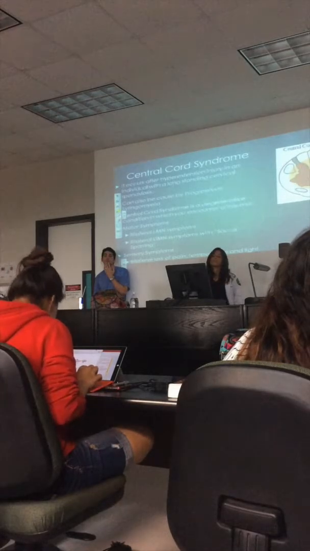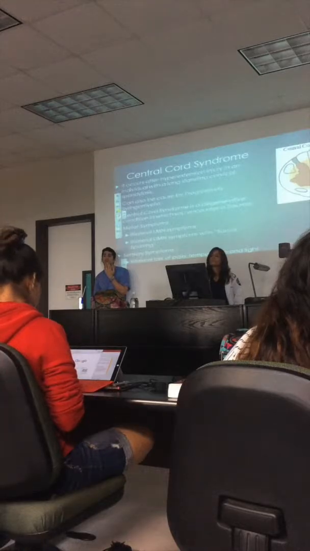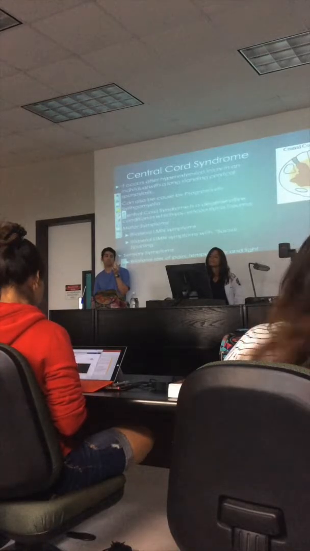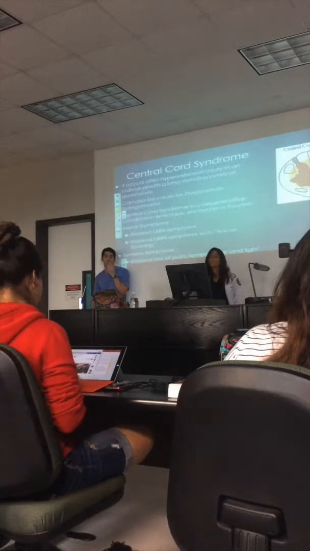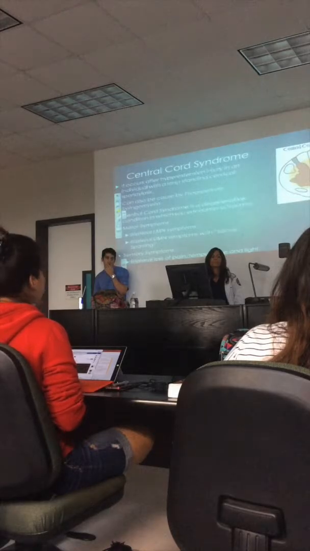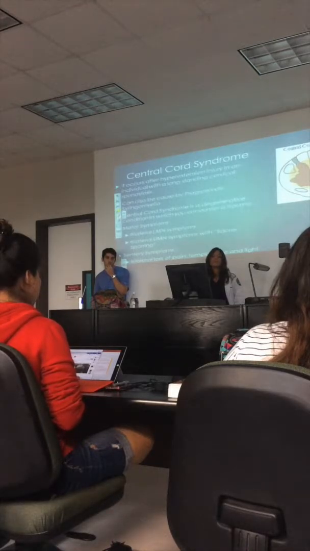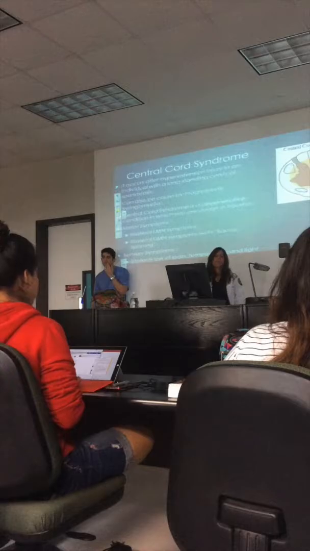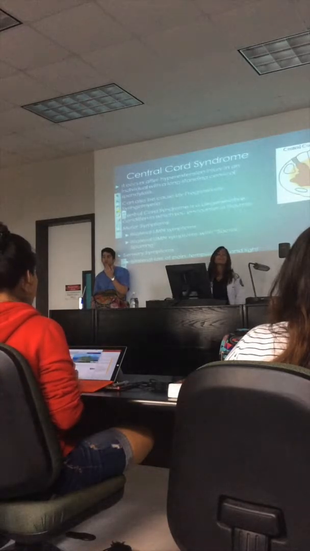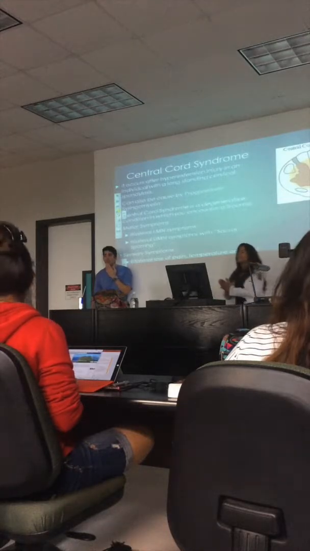The corticospinal tract is completely straight, involving the ventral horn, and when the ventral horn is not involved, you need the lower motor neuron. So what are the dermatomes for the arms? C4, C5, C6, C7, C8.